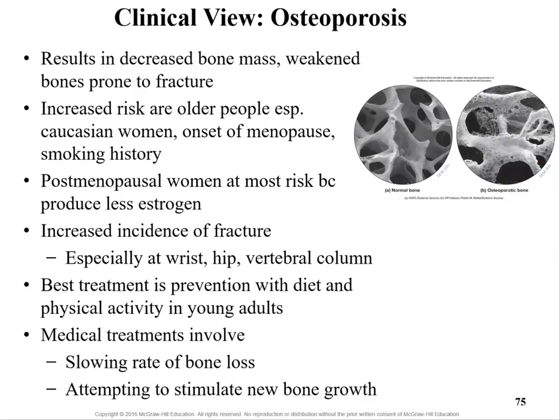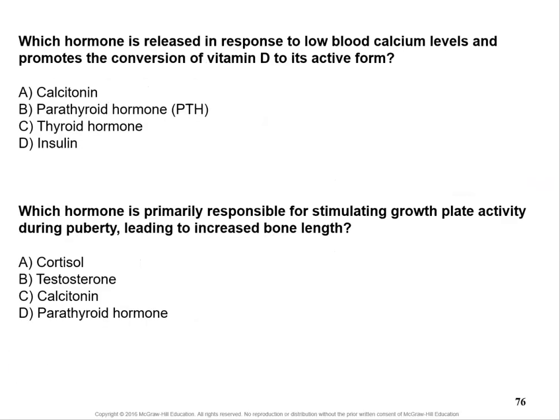In the vertebral column, we tend to see compression fractures, where the vertebrae bodies basically compress into tiny little wedges. The best treatment is prevention with diet and physical activity, but medical treatments are going to try to slow the rate of bone loss and try to stimulate new bone growth.